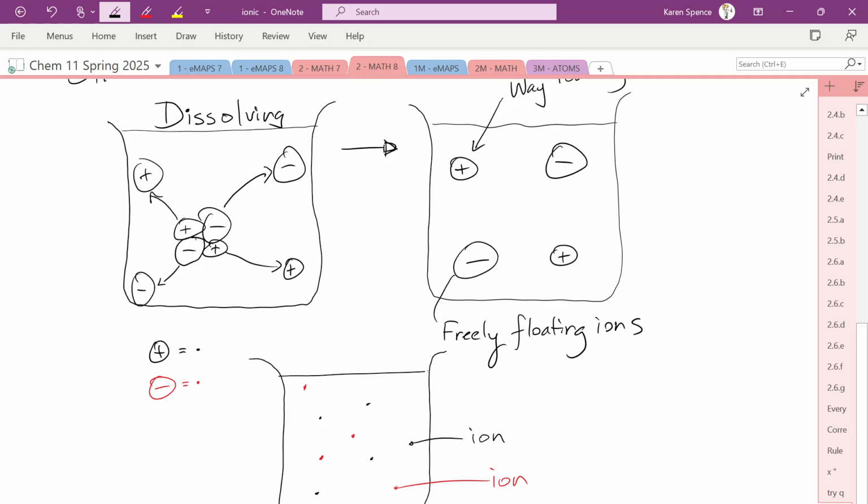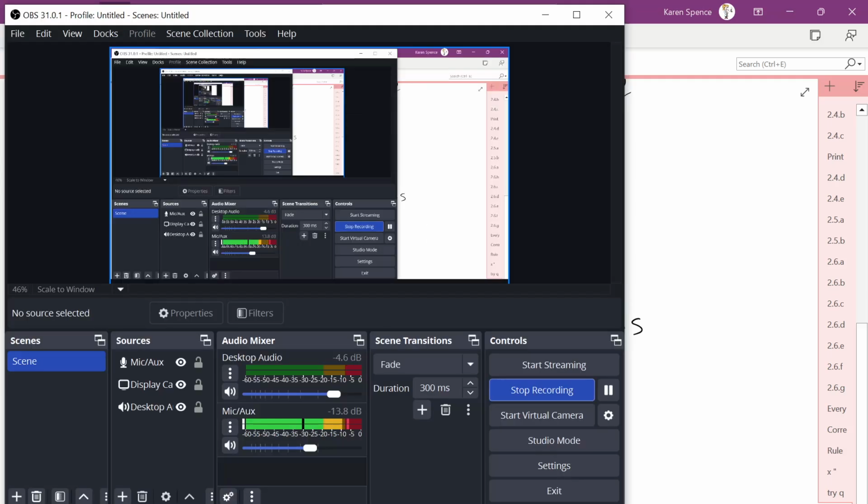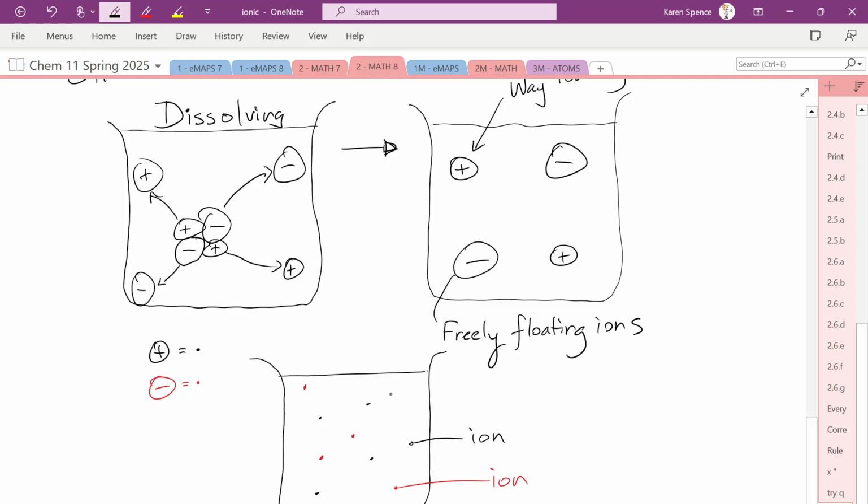Did we still have some solid? Once we had heated it and stirred it, did we still have solid? Yes, we did. So we still have little mini crystal lattices, but we have fewer of them now.